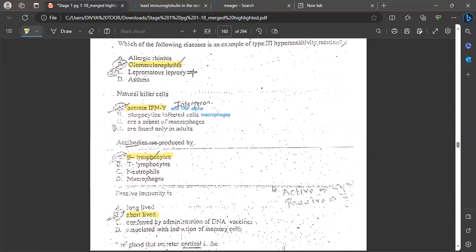Continue. So for this one, let me display something just for a second regarding the natural killer cells, because it had been mentioned but wasn't explained.